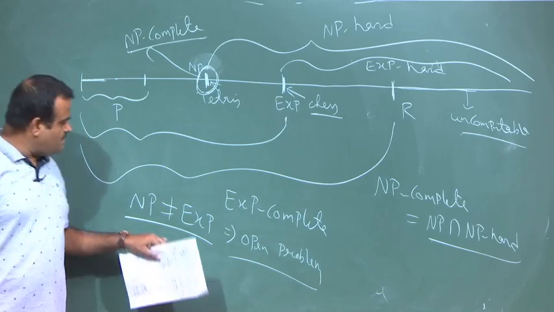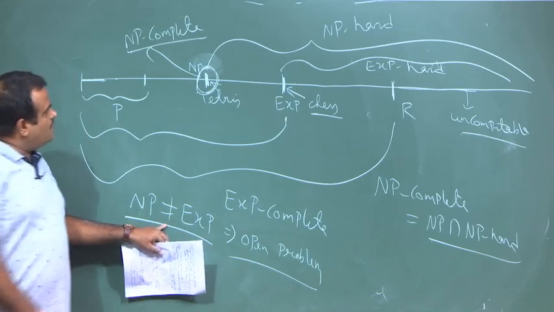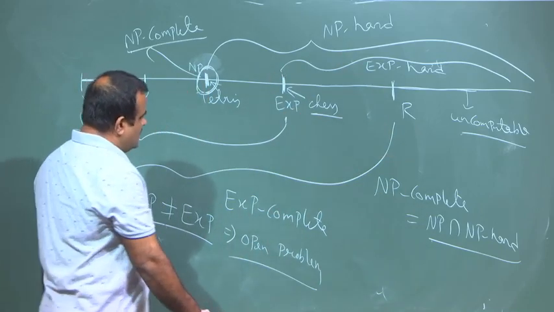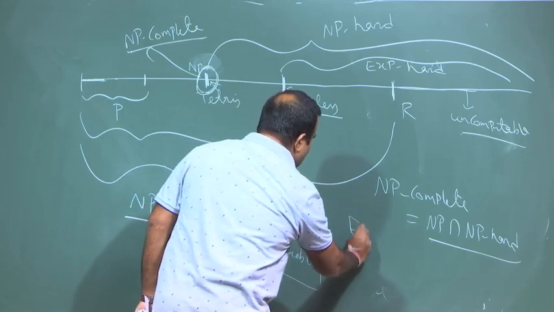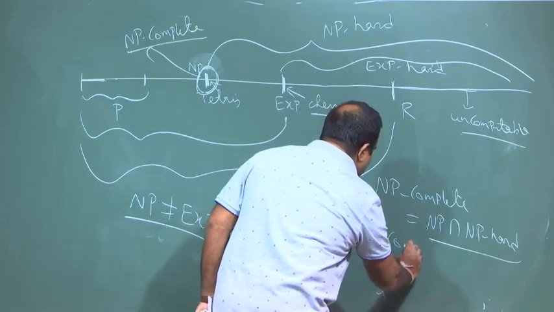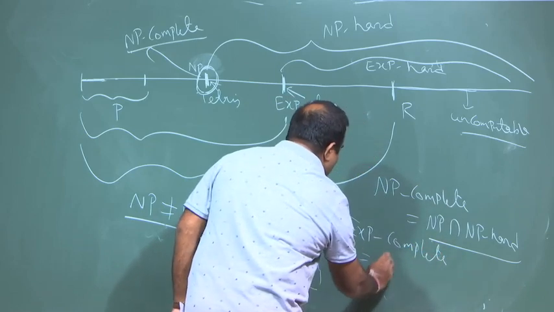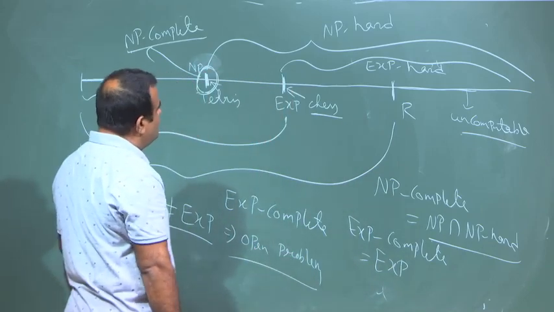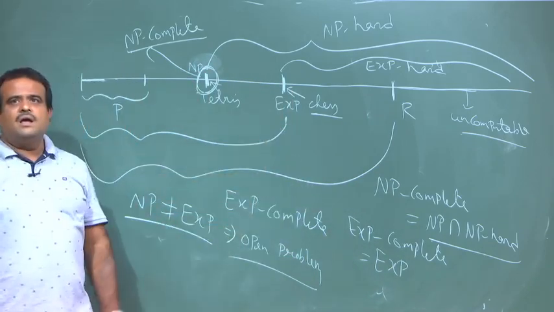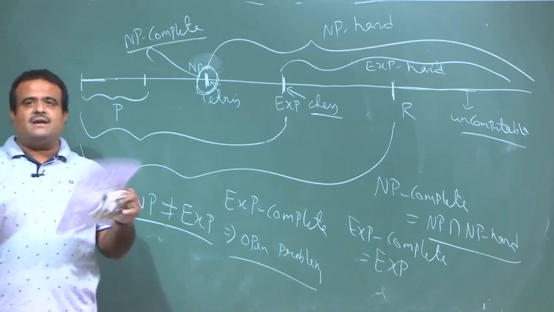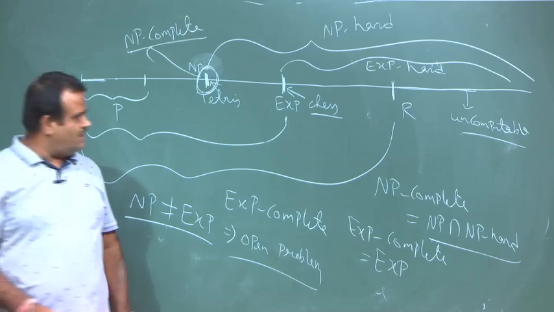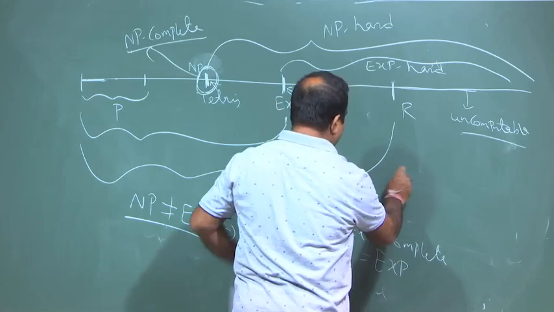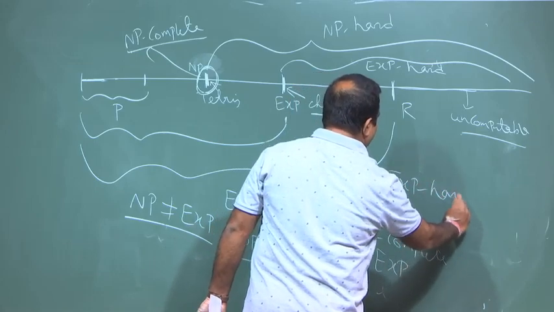If NP is not equal to EXP, then we define this as EXP hard, and then we define EXP complete. EXP hard means the set of problems which are as hard as any given EXP problem.